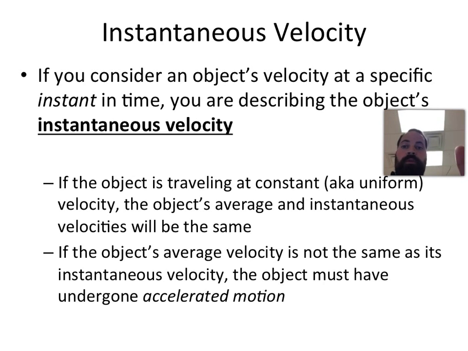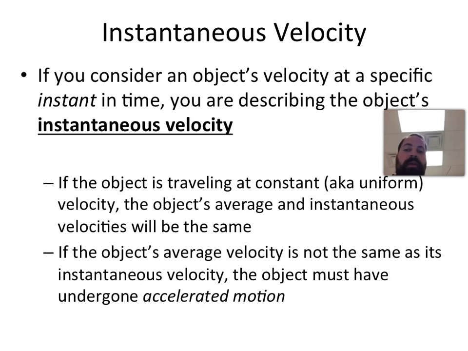You know that they don't go the same speed all the time. The whole excitement of drag racing is that they go from stop and go faster and faster and faster, so the speed keeps changing. But the instantaneous velocity is the idea of its speed at any one point.